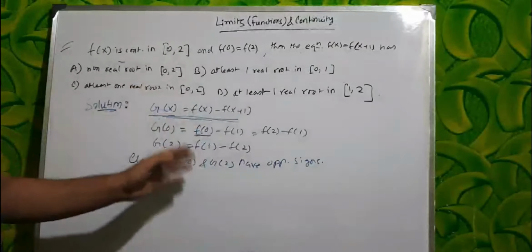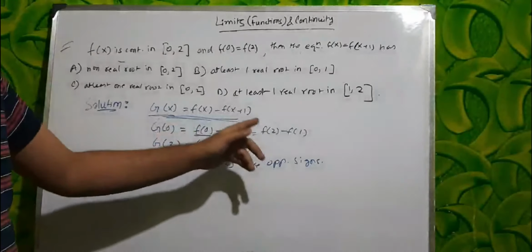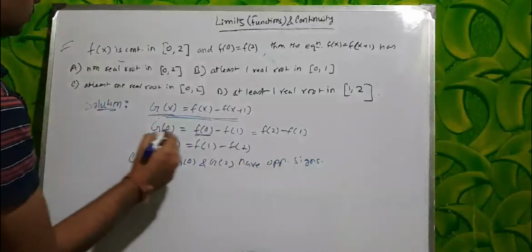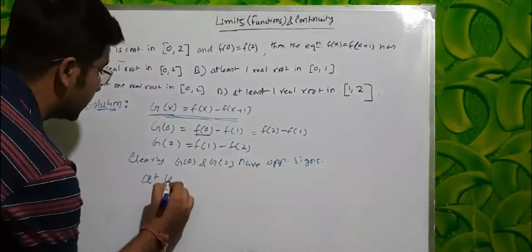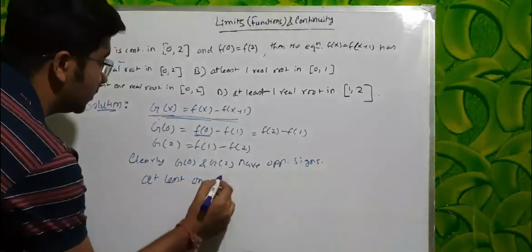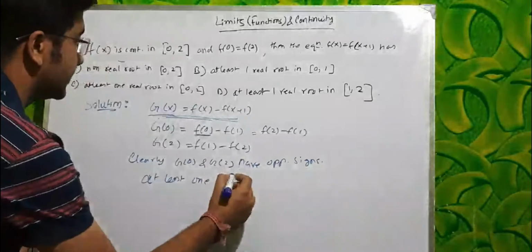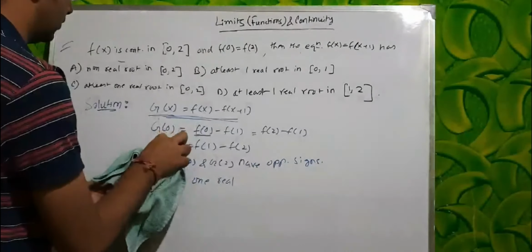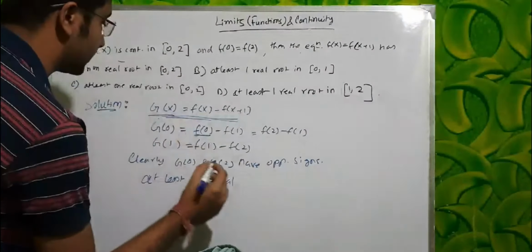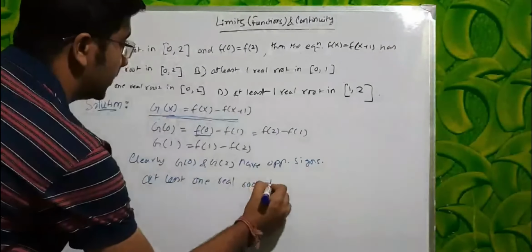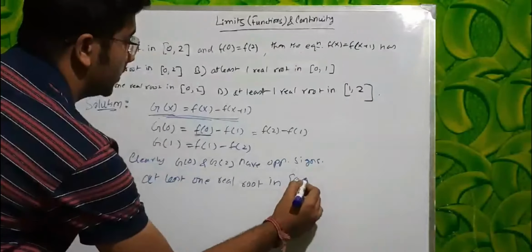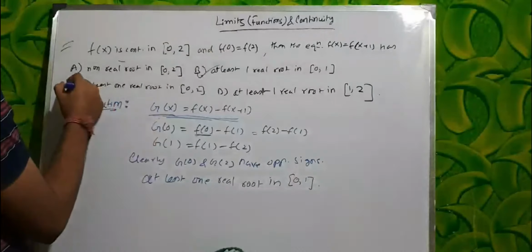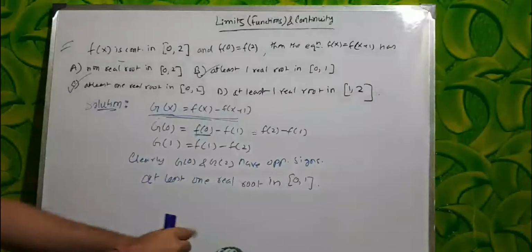So this function is continuous, and since g(0) and g(2) have opposite signs, there must be at least one root. Sorry, I made a mistake here. This is not g(2), this is g(1). One real root in (0, 1). So that should be true, and we check this is true, and also this is true. So both the options B and C are true.